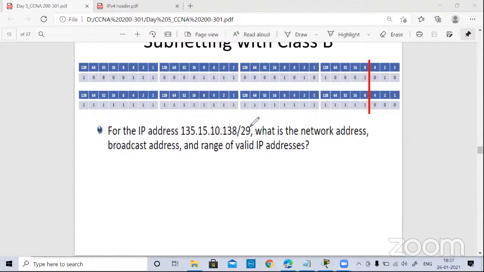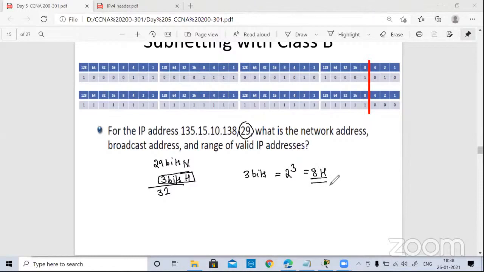If I have 29 bits, /29 means the network bits are 29, right? So how many bits are left on the host side? We have 3 bits on the host side, which totals 32 bits. With 3 bits, how many hosts can we have? 2 raised to 3, that means 8 hosts.